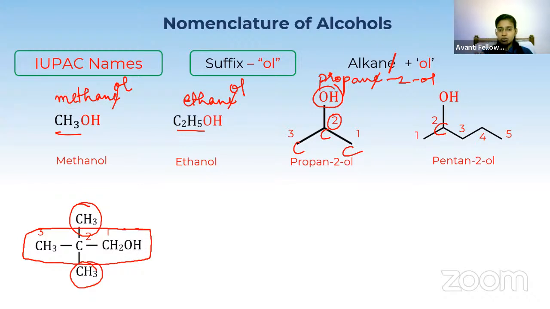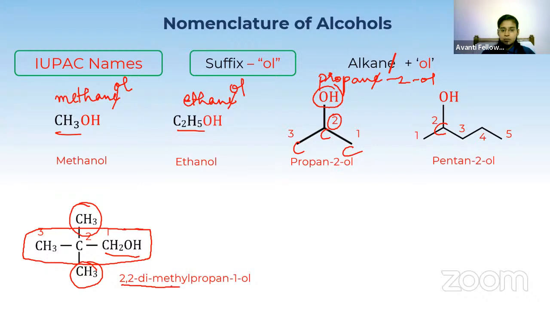So I write 2,2-dimethyl, and the straight chain has 3 carbons, so propane, and to the first carbon OH is attached. So propan-1-ol: 2,2-dimethylpropan-1-ol. Okay.